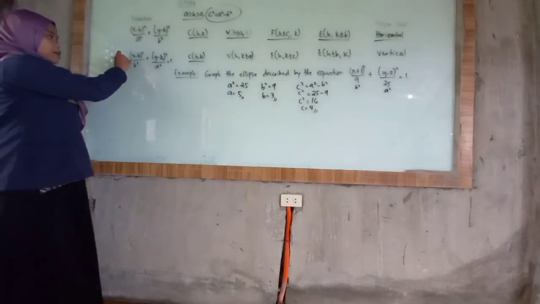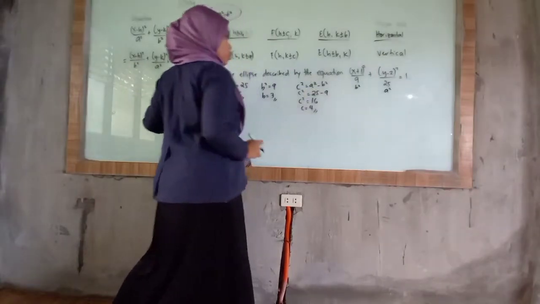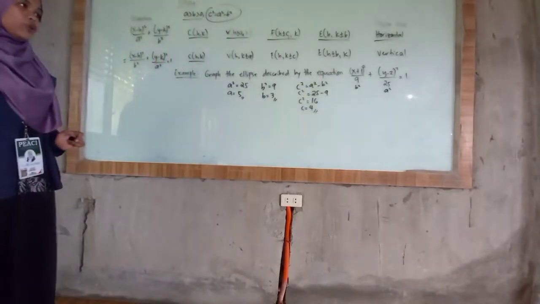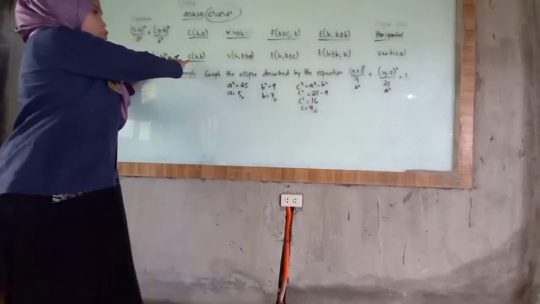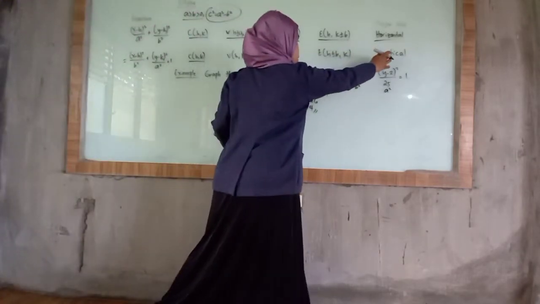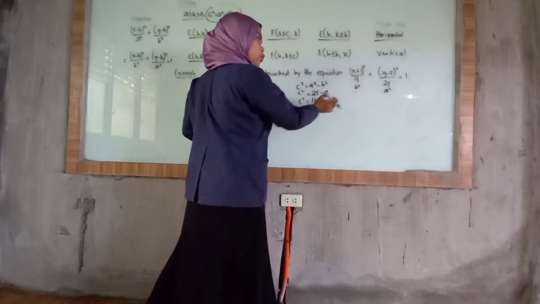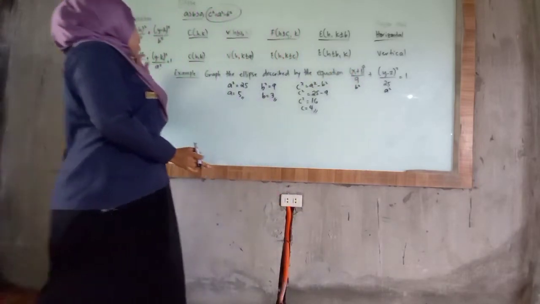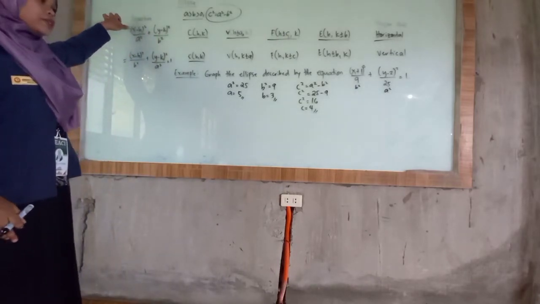Ito yung kaparehas niya, di ba? Kasi nauna yung mas maliit. So, ibig sabihin, as an observation, kung mas maliit yung nasa first, we have an ellipse with vertical major axis. Kung mauna naman dito sa left side yung mas malaki, you have the ellipse with horizontal major axis.